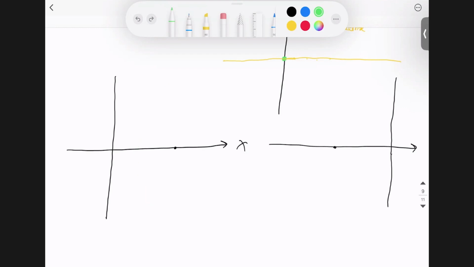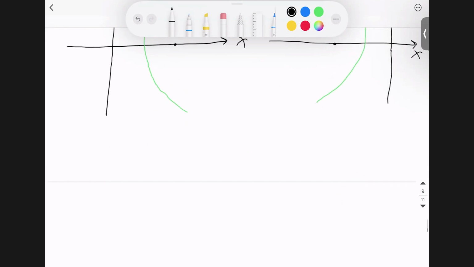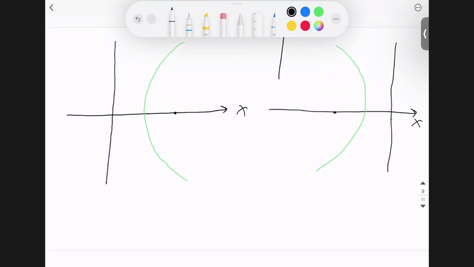Right? And in this case, we will get a curve of this form. So this is the case when the axis is the x-axis. And if the axis is the y-axis, then what will we get? Suppose this is our y-axis.